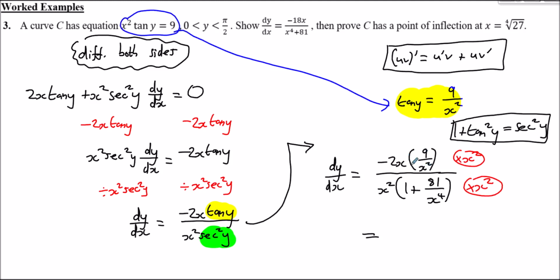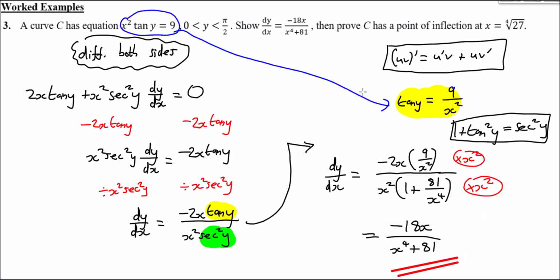X divided by x squared is 1 over x, but if I times by x squared, that will give us a minus 18x. On the bottom, x squared times x squared is x to the 4, times 1 is x to the 4. X squared times x squared, x to the 4, multiplied out by 81 over x to the 4, gives us the plus 81 as we needed. So it's shown that dy by dx is that.